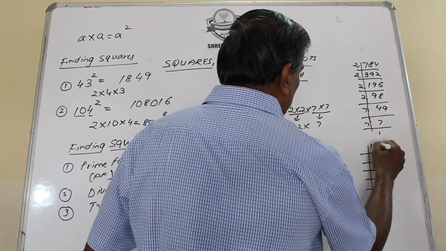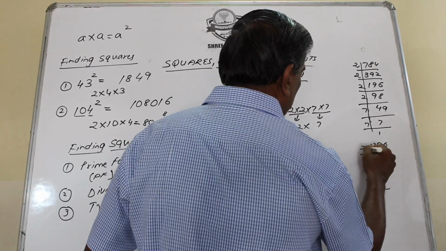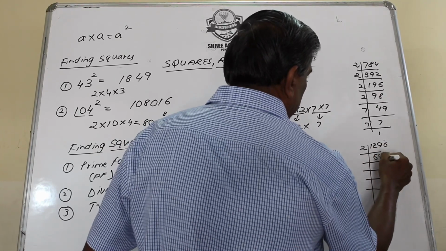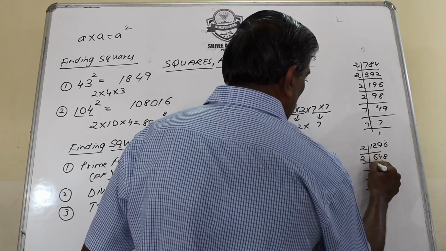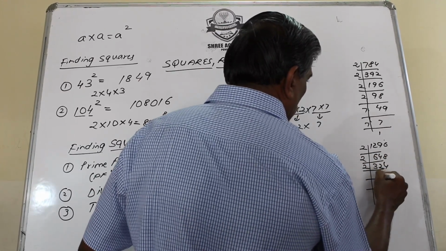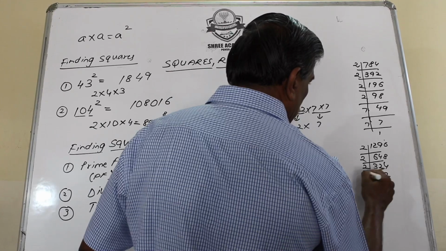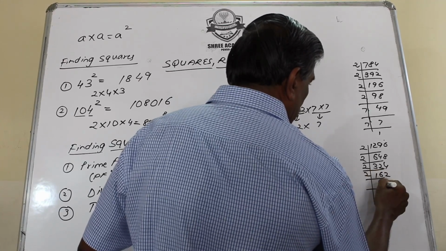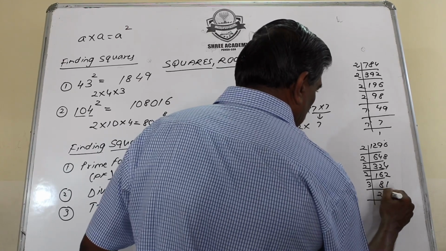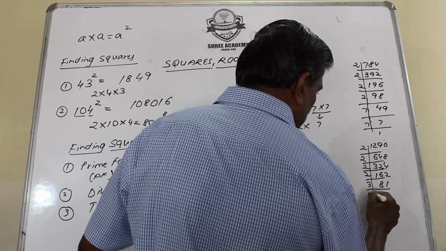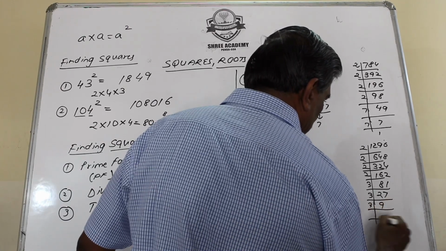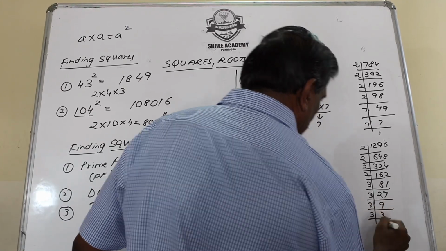So this is 1296. We start with 2. 2 6s are 12, 2 4s are 8, 2 8s are 16, and so on. Now this will be 3, 3 2s are 6, this will come 9, again this will come 3, this will come 1.